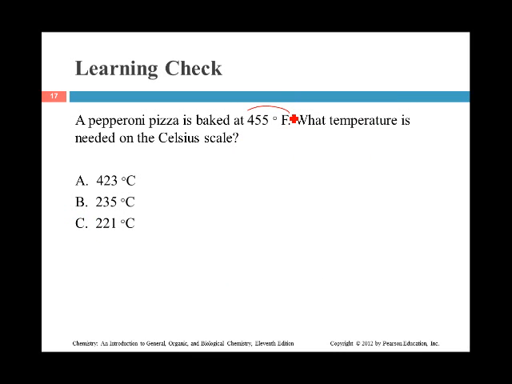Alright, so we have degrees Fahrenheit now, and we're talking about pizza. And we're going from Fahrenheit to Celsius. So 455 degrees Fahrenheit is equal to 1.8 times the temperature in degrees Celsius plus 32. Once again, the first thing we want to do is subtract 32.